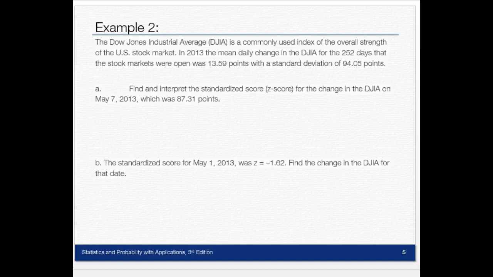Find and interpret the standardized score for the change in the Dow Jones on May 7th, which was 87.31. So let's decode this a little bit. What was the mean? The mean was 13.59. Standard deviation was 94.05. And the value in part A that we're looking at is 87.31.